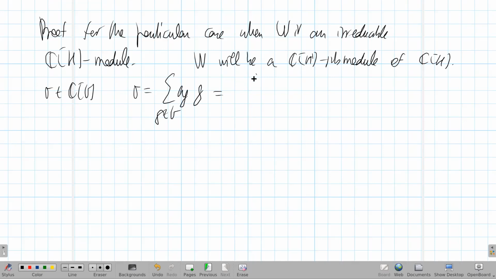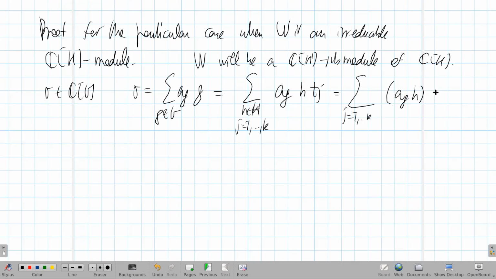And so we can write it as in this form. Okay, and note that this lies where? Lies in the sum from j to k, a_g h.